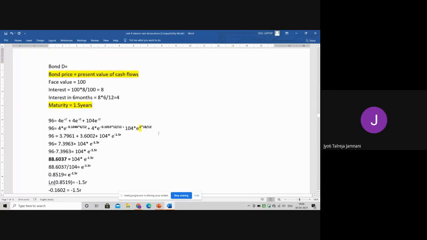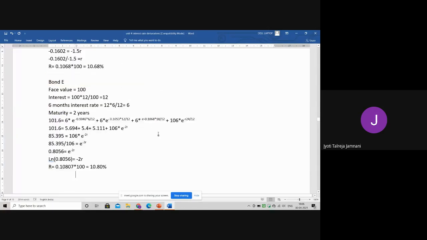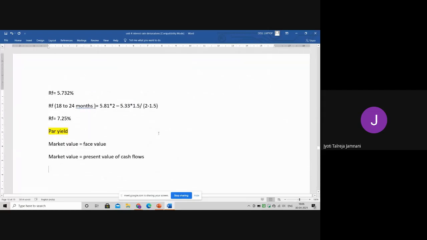So let's start solving it. First we're doing it for bond A, as it has only 6 months maturity. So in the first period only we will get C by 2 plus 100, that is the principal, the face value of the bond, both face value as well as the coupon, times e raised to minus RT.